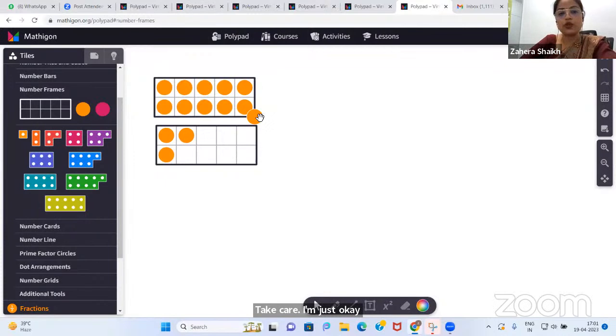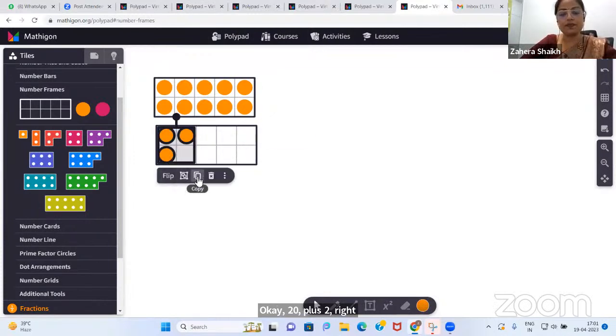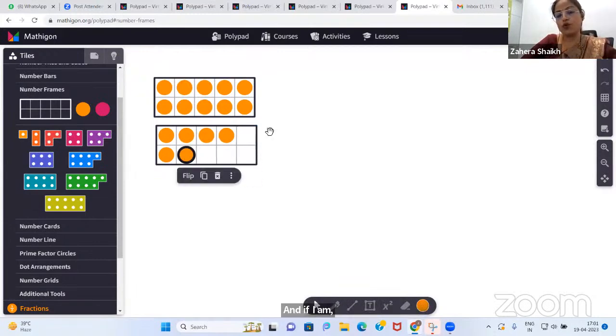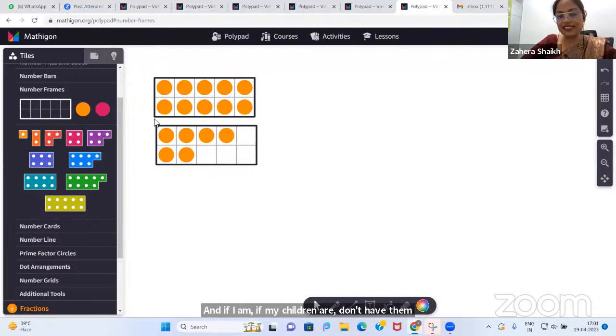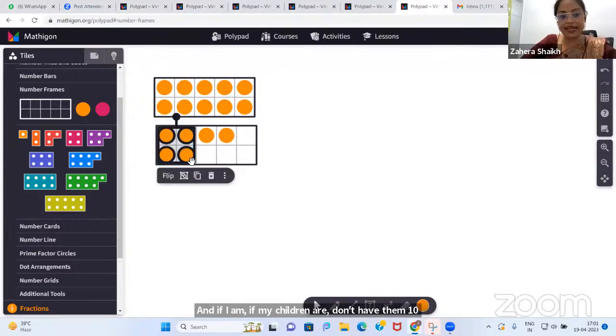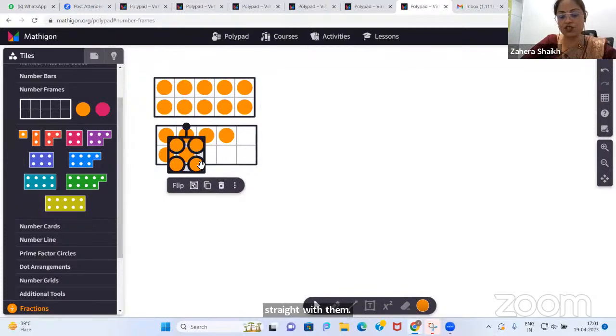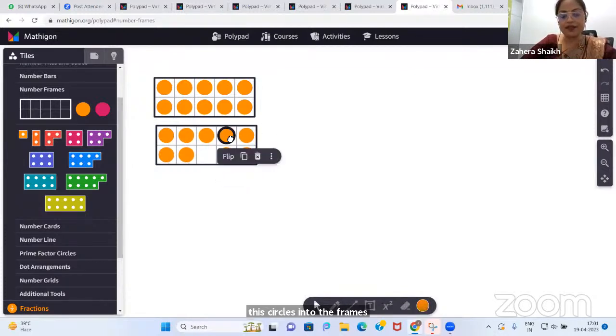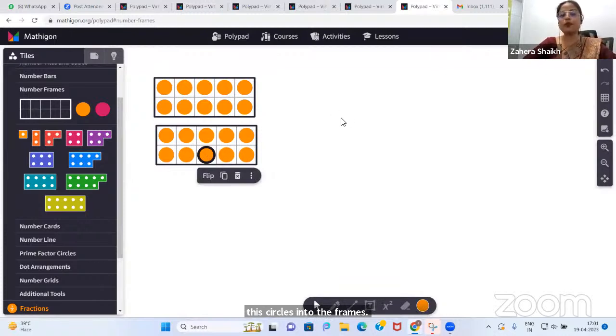Okay. 20 plus 2, right? So this is how they are going to write 20 first. And if my children don't have the tens frame with them, they can just draw these circles the way I'm dragging these circles into the frames. The children can draw these circles in a frame, right? This is my 20.